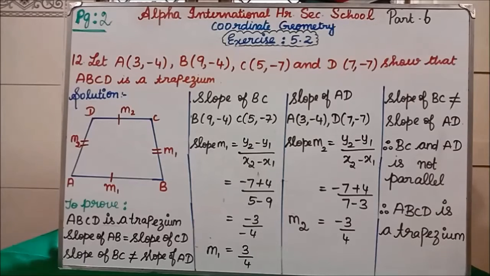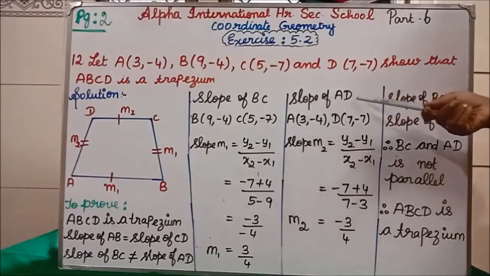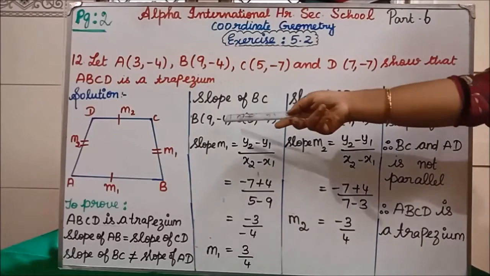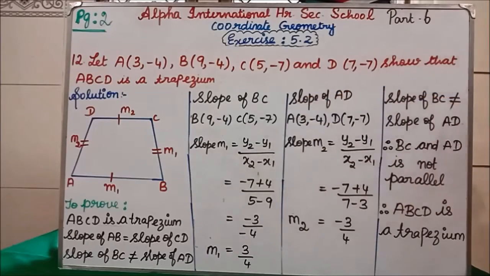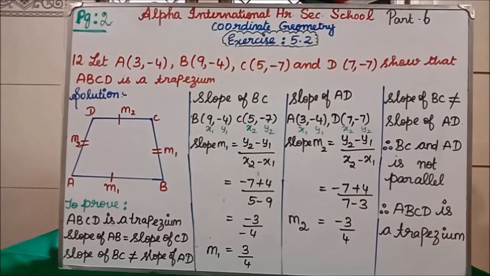We have written, therefore AB and CD are parallel. Next, another two sides we are going to do now. Slope of BC and slope of AD. BC, B point, C point. Again two-point formula. x1, y1, x2, y2. We have to write using pencil. See, our y2 was -7.